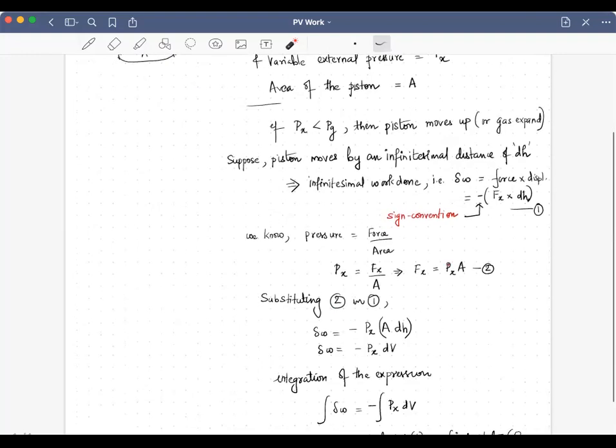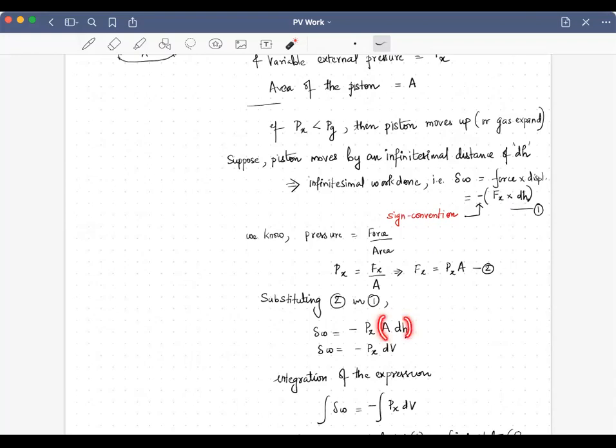Now, substituting this value for Fx in equation 1. Substituting 2 in 1, the infinitesimal work done is equal to minus Px A dh.